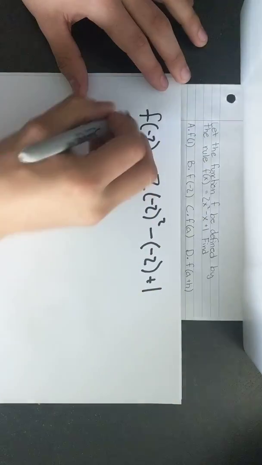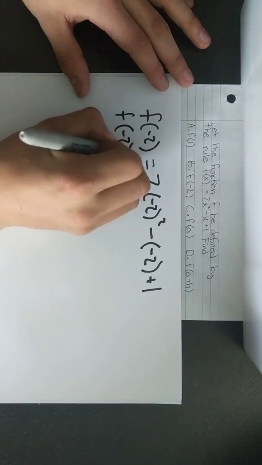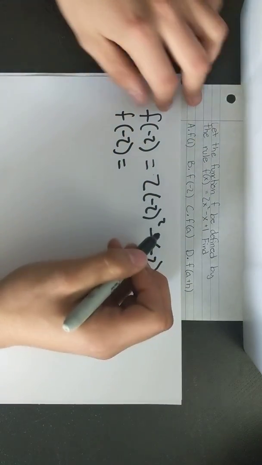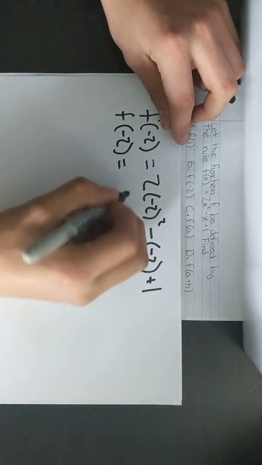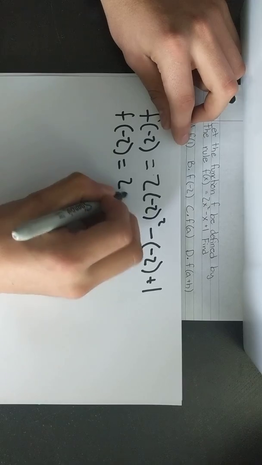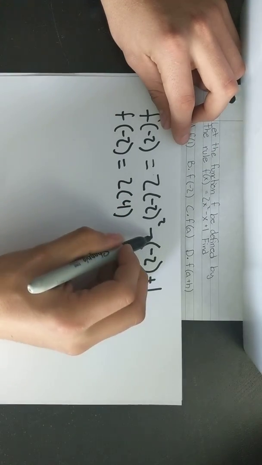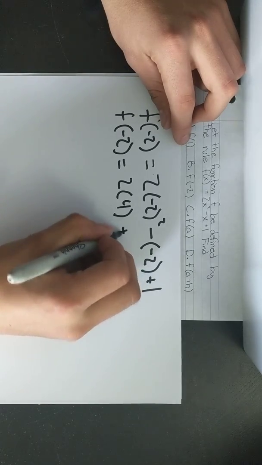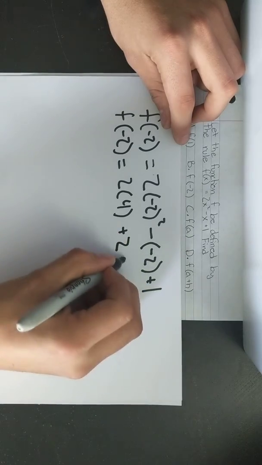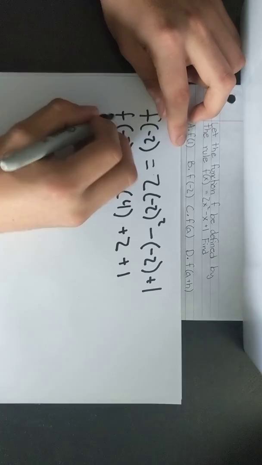So f of negative 2 equals negative 2 squared, which is just 4. Negative times negative is a positive, right? So 2 times 4. Negative times a negative is a positive, so you get plus 2 plus 1.